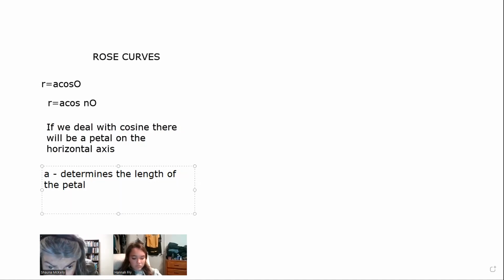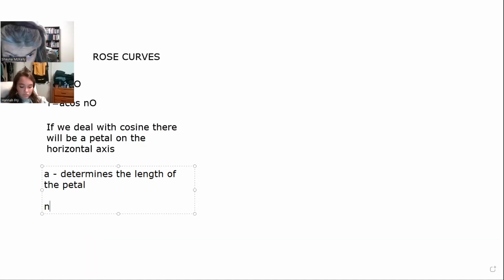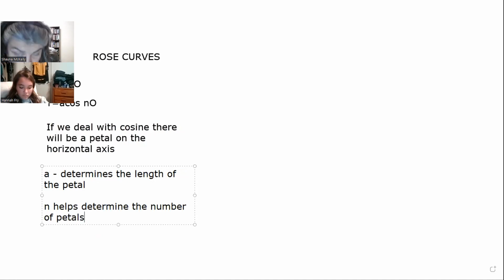And n, if n is odd, helps determine the number of petals. All right, so that's what we know so far. That's kind of what we remember here.